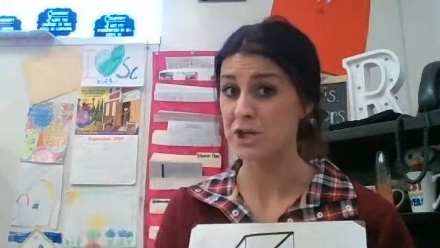Well, when you have three-dimensional shapes, you have 3 parts of the shape. You have vertices, or the vertex, which is the point, the edge, which is going to be your side, and then you have your face, which is the flat part of that shape.